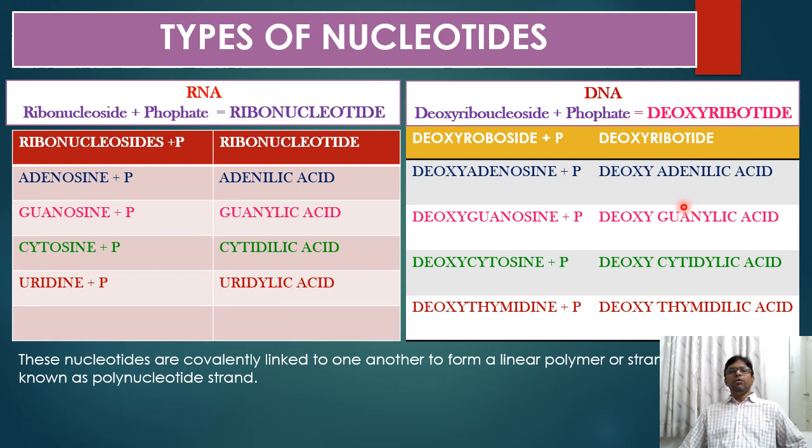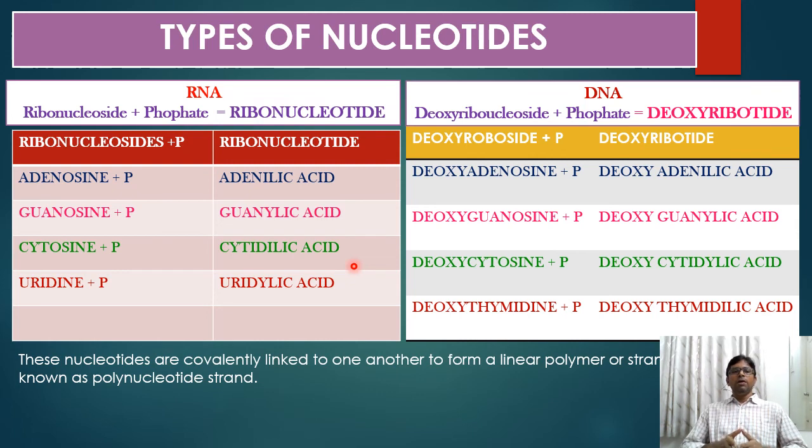In this way, four different types of nucleotides are found in both RNA and DNA. These nucleotides, both in RNA and DNA, are covalently linked to one another and form a linear polymer or strand.